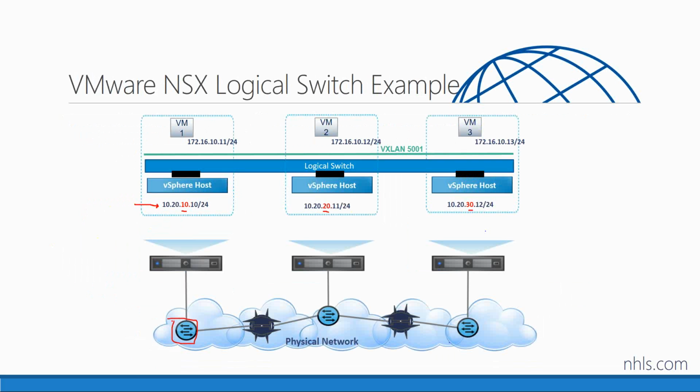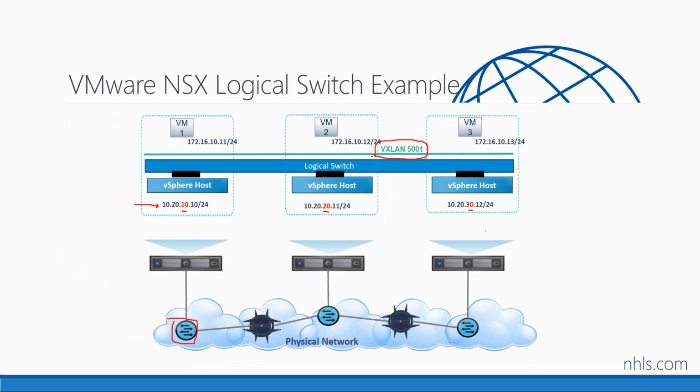Instead of using a traditional VLAN tied to the physical switching hardware, in NSX we're going to use something called a VXLAN. Now, there's a lot of connotations behind that, but right now, if you want to think of VXLAN as the NSX version of a VLAN, that's what it is. Now, notice my 3 VMs there. I've got VM1, VM2, and VM3.